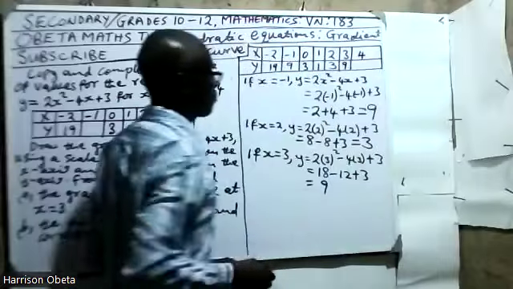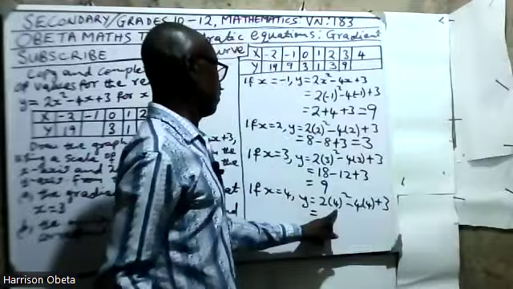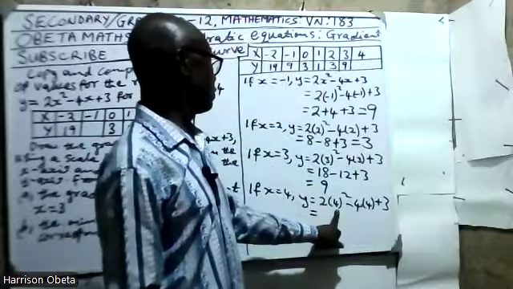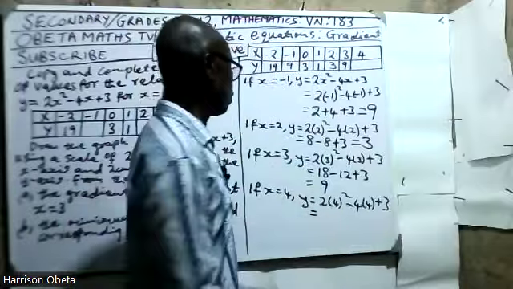Okay? And then what if x is equal to 4? That will be y equal to 2 brackets 4 squared minus 4 times 4 plus 3. And that will give us 4 times 4 is 16, times 2 is 32, minus 16 plus 3.